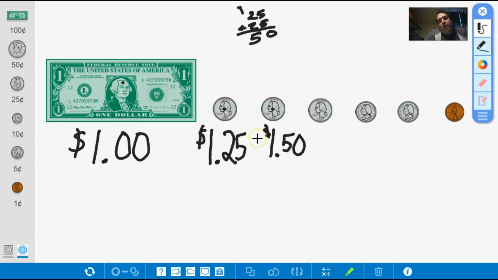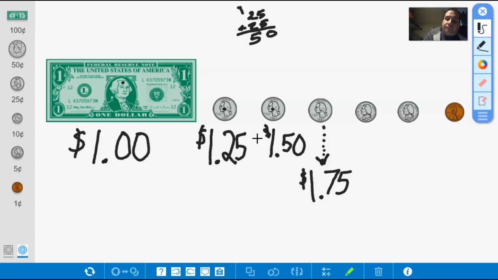Now I have another quarter. So I add another 25 to the 50. So I'm just going to write it down here, boys and girls, because Mr. F is running out of a little room. So $1.75. Now I have a nickel, so I'm going to add 5 cents to the $1.75.